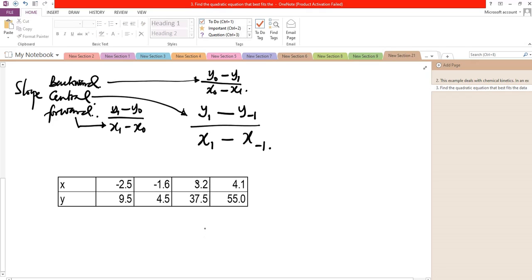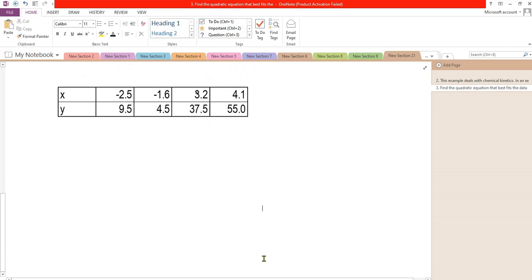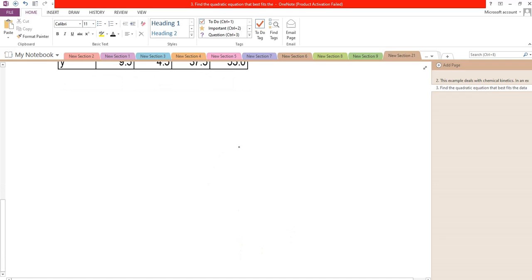Now, how to find tangents to a curve? Let's say we have a curve like this here. Now, we're asked to find the tangent at this point.